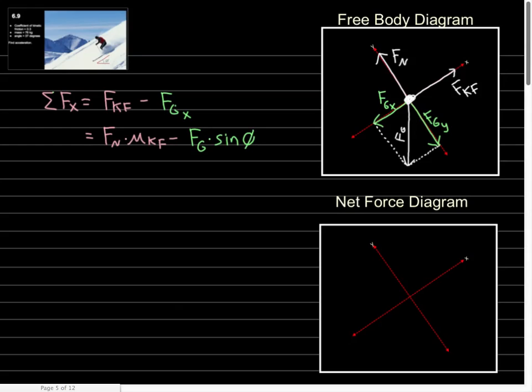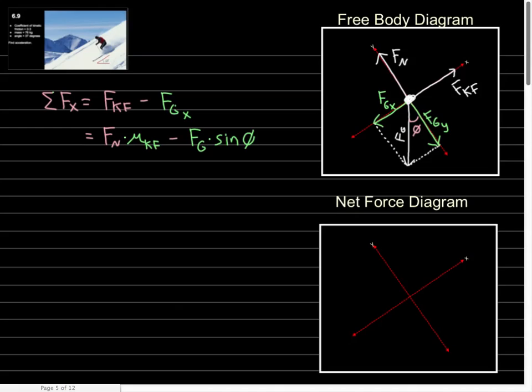The angle that we're measuring from is right here. Fgx is going to be the opposite of that angle, therefore we use sine. Now in this problem, we know everything, including the coefficient of friction, except for the normal force. Therefore, we need to solve for the normal force.